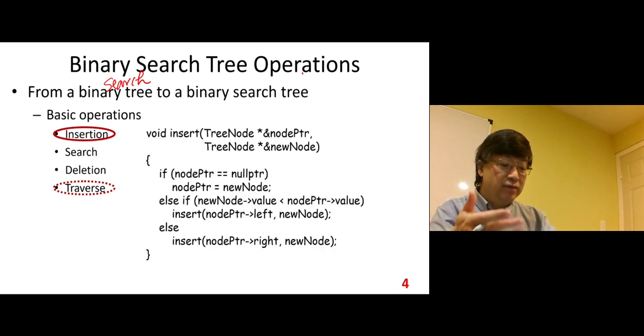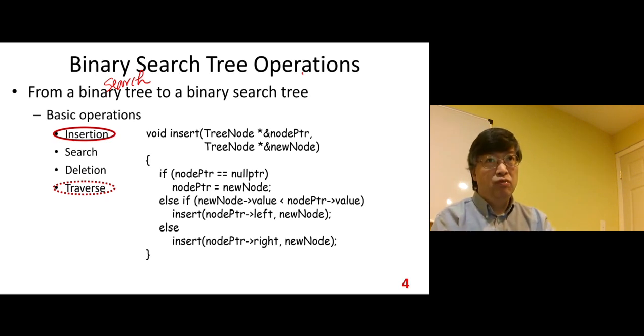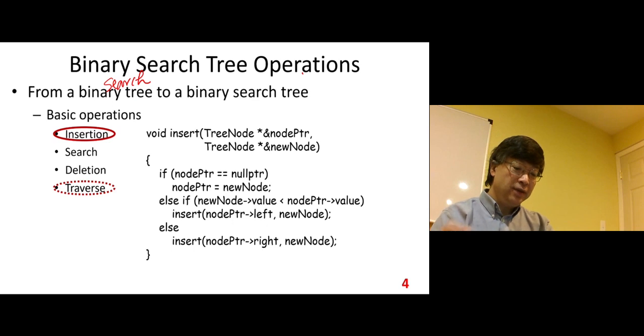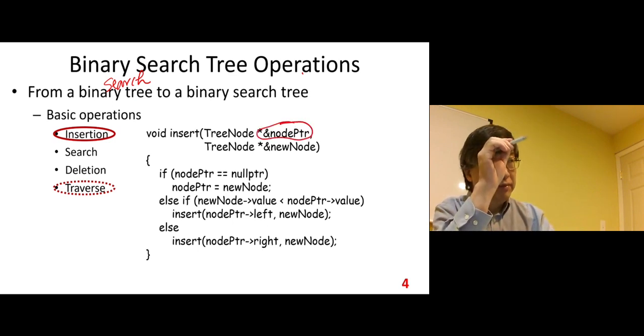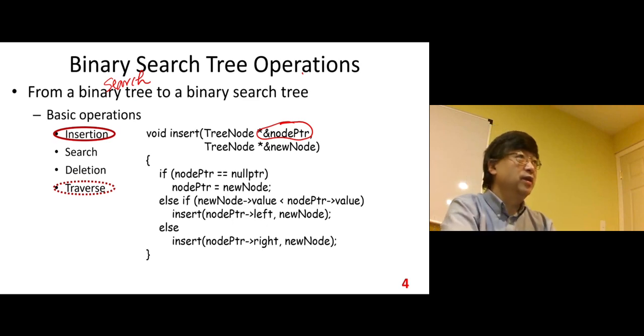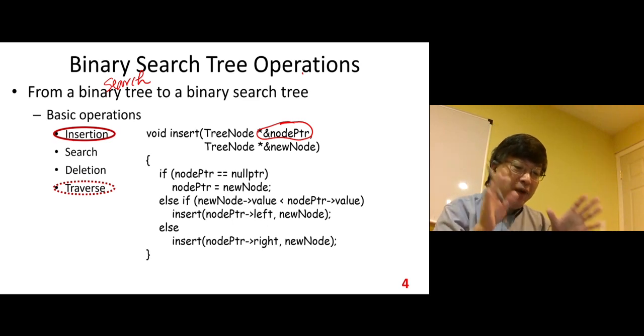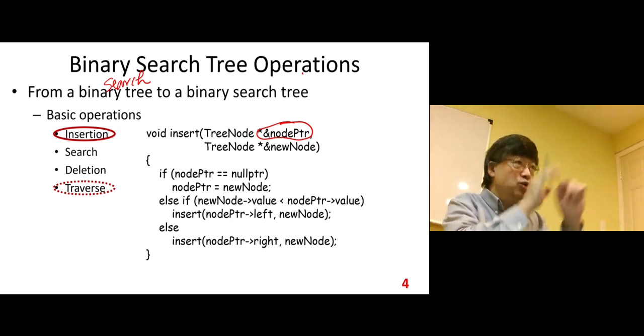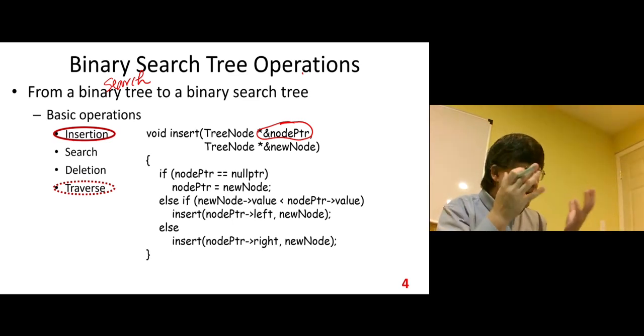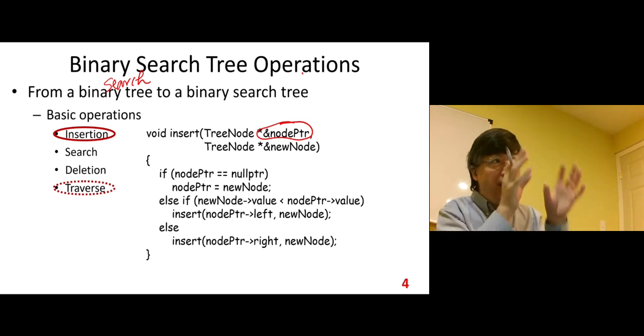For the insertion, there is a simple recursive way to do it. Suppose this is the root node of the current subtree, because we want to apply this insert function on any node in the tree, with that node as the root of a subtree.